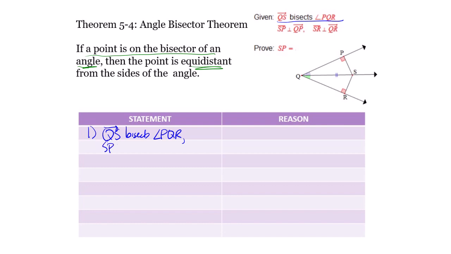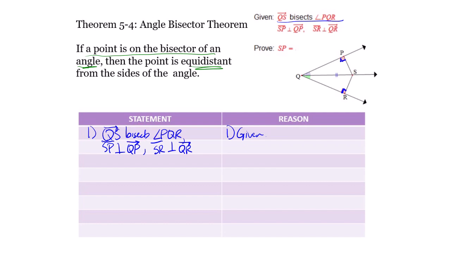All right, so segment SP is perpendicular to ray QP, and segment SR is perpendicular to ray QR. All right, so now those are the givens, and we can use these givens. We'll start with the bisect.